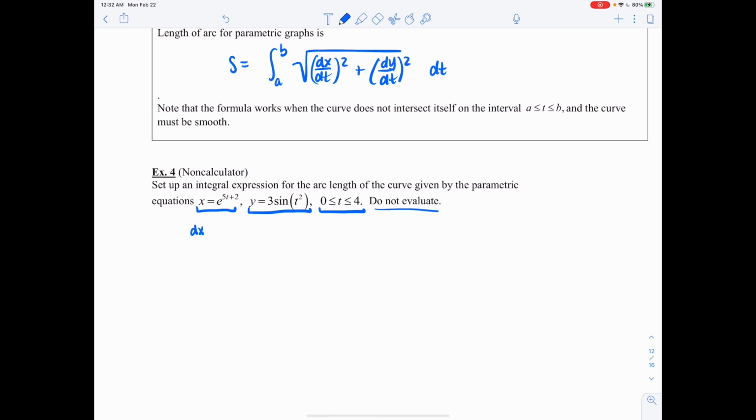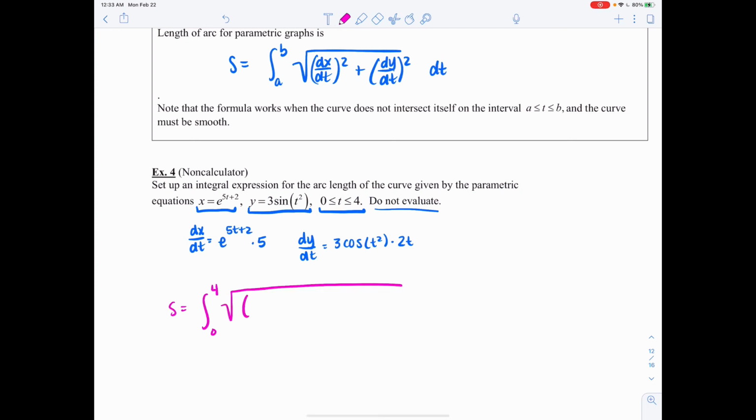So we need to find dx dt. Derivative of e to the 5t plus 2 is going to be e to the 5t plus 2 times 5. Derivative of y with respect to t is going to be 3 cosine of t squared times 2t because of chain rule. When I go to set up my integral, we are going to integrate from 0 to 4 because these are bounds for t.